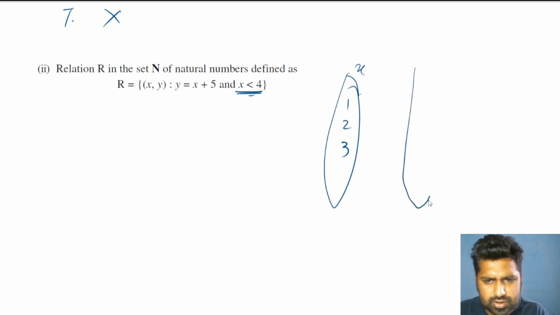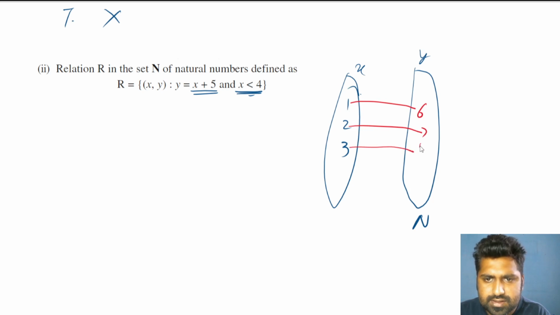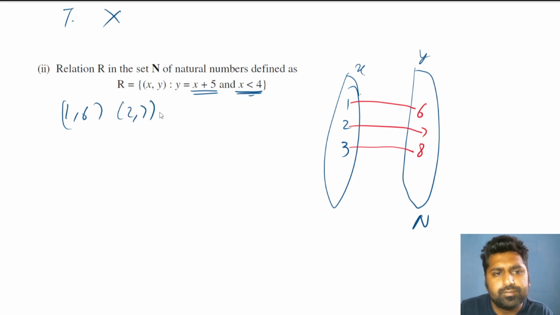There is no restriction on y. y belongs to the set of all natural numbers. But the condition is y equal to x plus 5. So if x is 1, y will be 6. For 2 it will be 7. For 3 it will be 8, and that's it. Natural numbers start from 1, so we cannot have any other relations. So 1 comma 6, 2 comma 7, 3 comma 8.